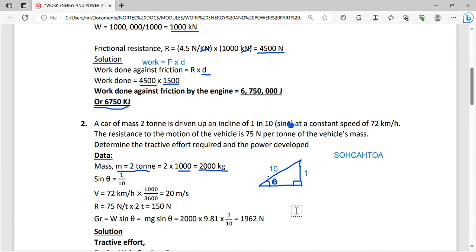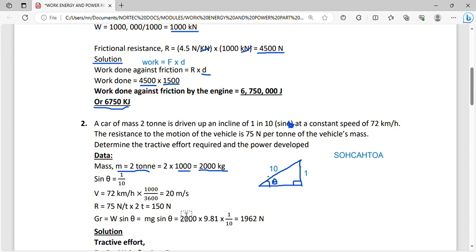Next, we have 72 kilometers per hour, which we should not leave in that format. We have to convert it to meters per second. When converting to meters per second, you convert the kilometer by multiplying by 1000, then the hour, we divide by 3600 because we are converting to seconds.